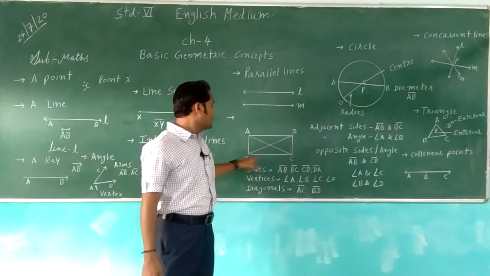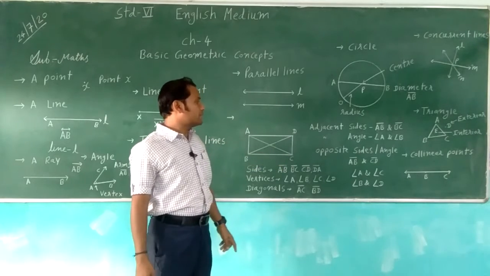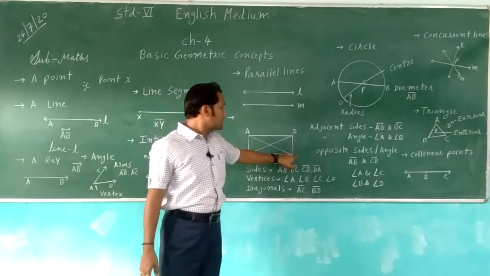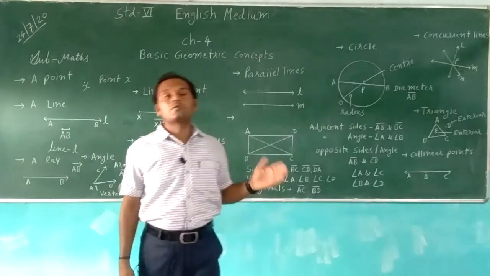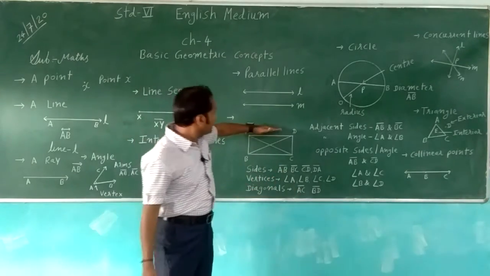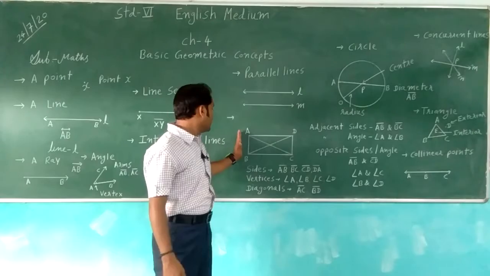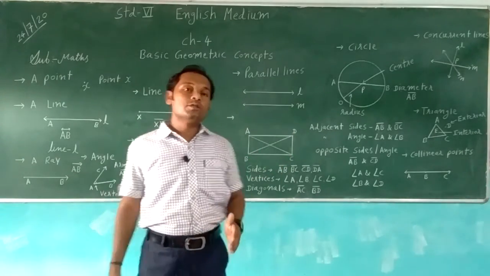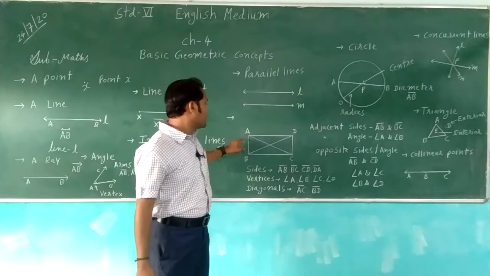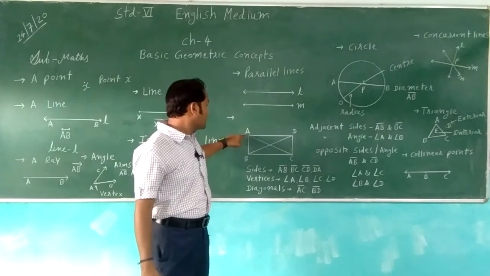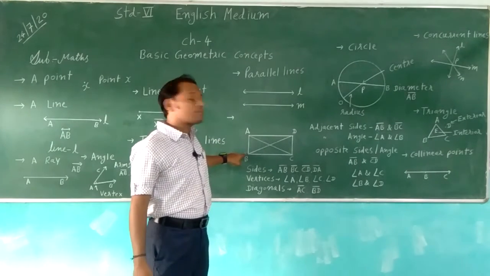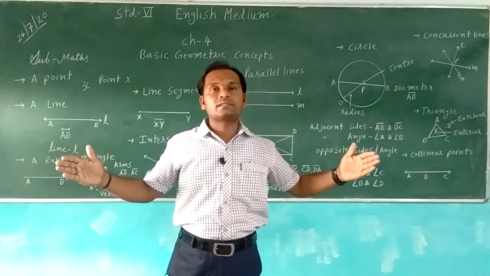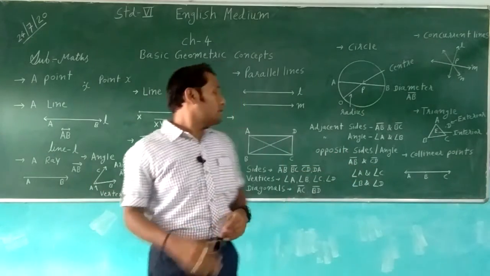In the same way, line AB and line CD are called opposite, as are AD and BC. This is in the opposite direction. Line AB and line CD are in opposite directions, so they are called opposite lines.